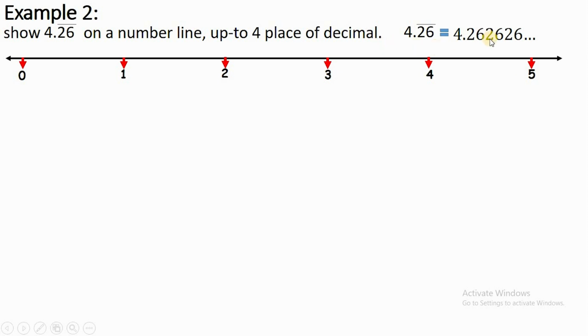Now this number, that is 4.2626, lies between 4 and 5, because in the question it is asked up to 4 places of decimal, that is 1, 2, 3 and 4. Till 4 places of decimal we have to show. Again we'll zoom in this portion of the number line.